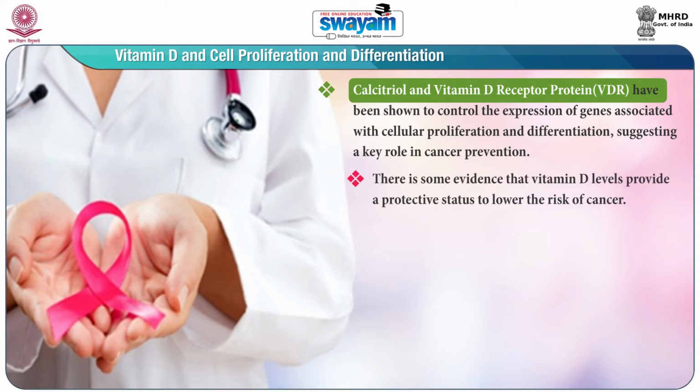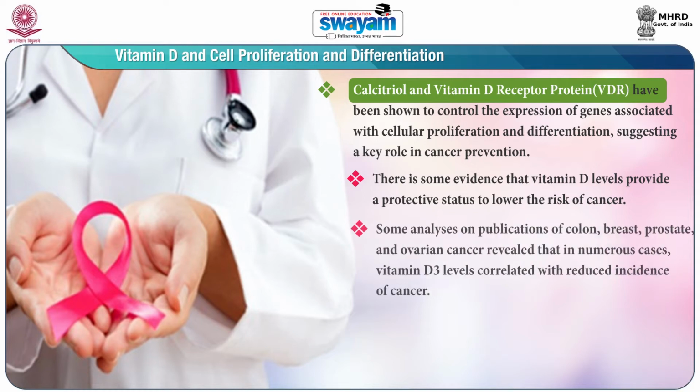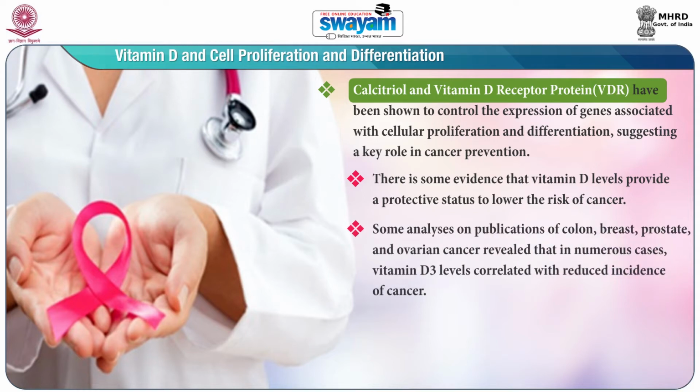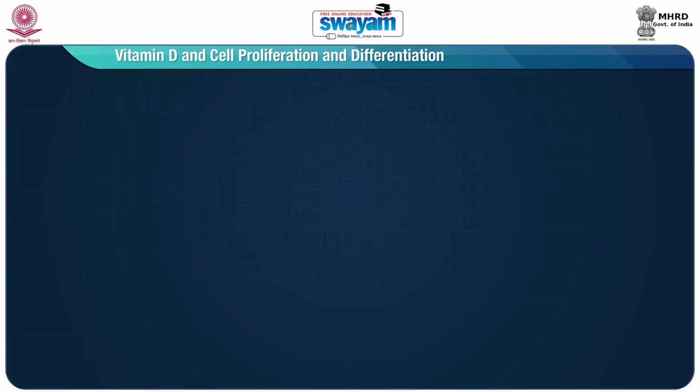There is some evidence that vitamin D levels provide a protective status to lower the risk of cancer. Some analysis of publications on colon, breast, prostate and ovarian cancer revealed that in numerous cases vitamin D3 levels correlated with reduced incidence of cancer.